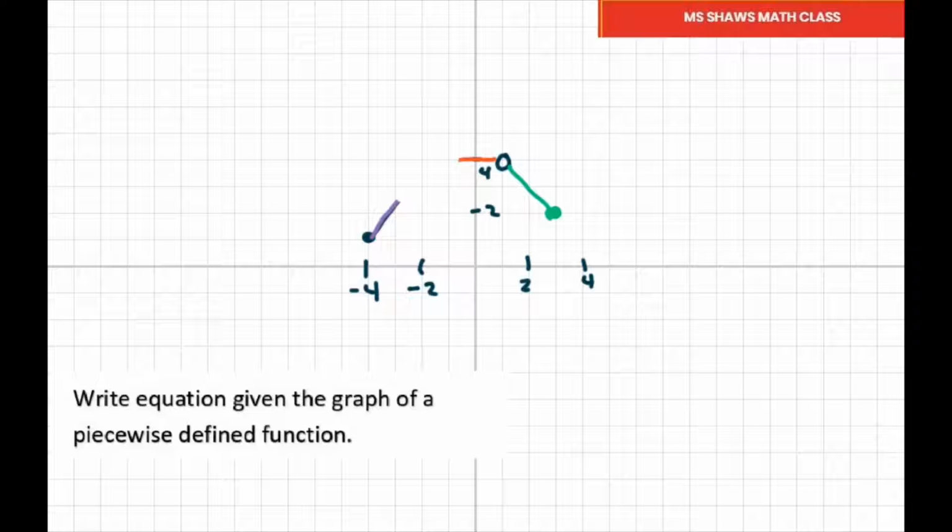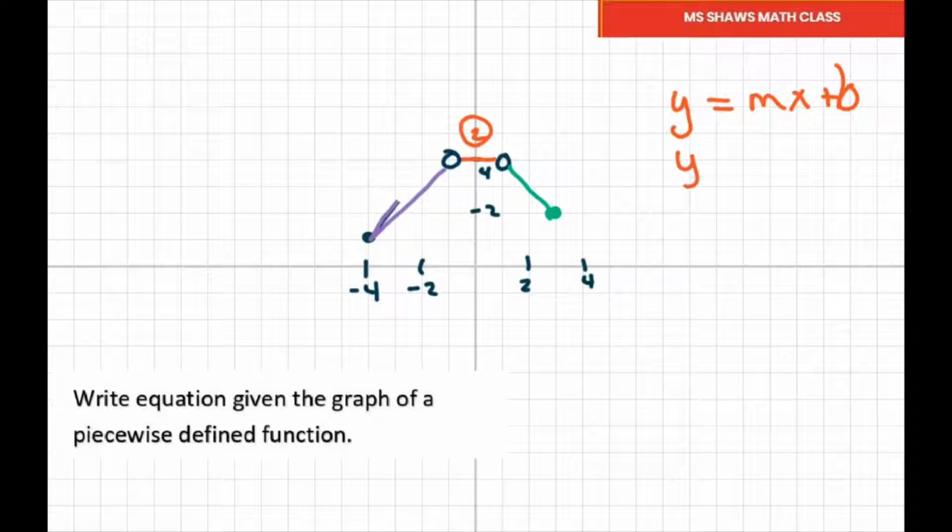Back to purple. So this was here, and then you had it like this. So now we're doing this piece right here. That's a line as well. y equals mx plus b. The slope is 0, so that's 0x, and your y-intercept is 4.